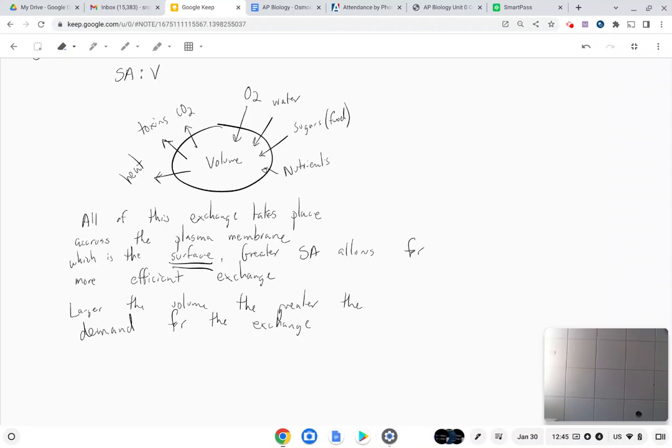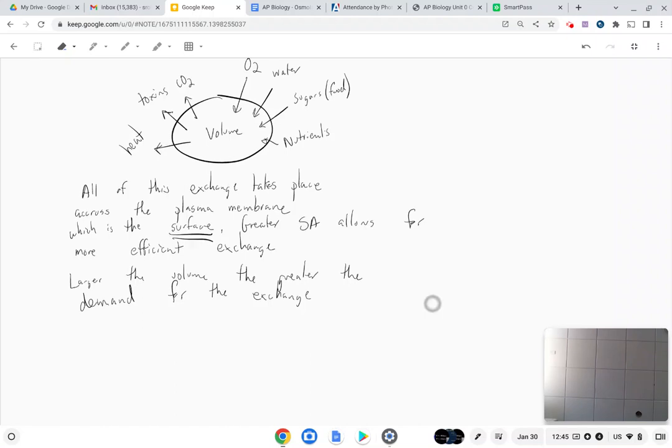If we have a really large volume, we're going to have a higher demand for oxygen. So larger volume is greater waste production, greater demand for nutrients.